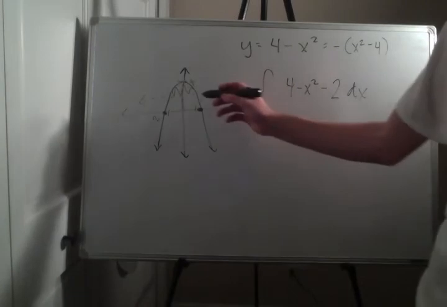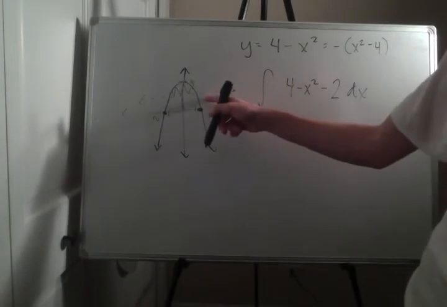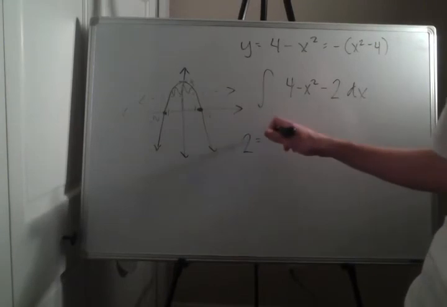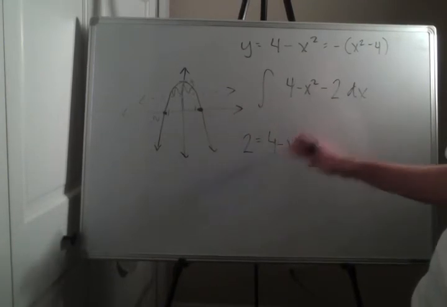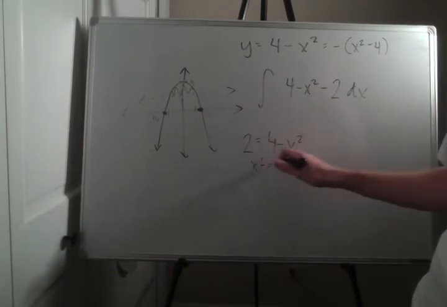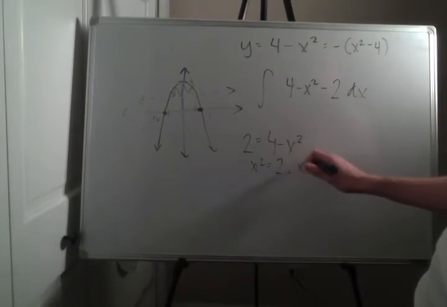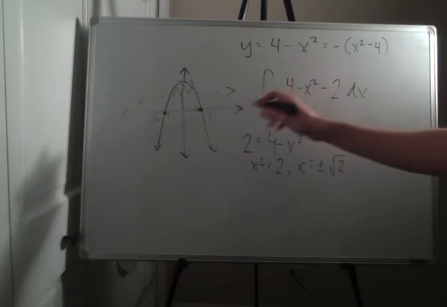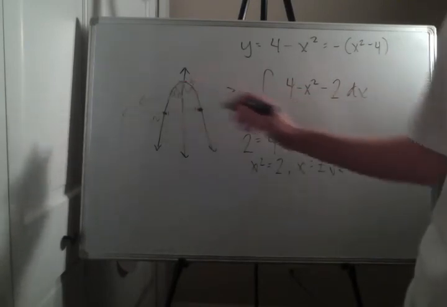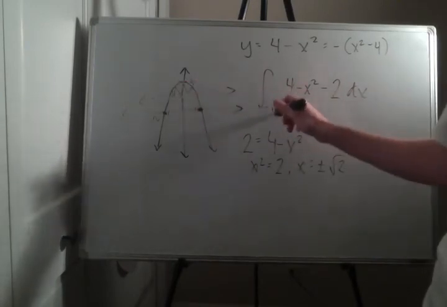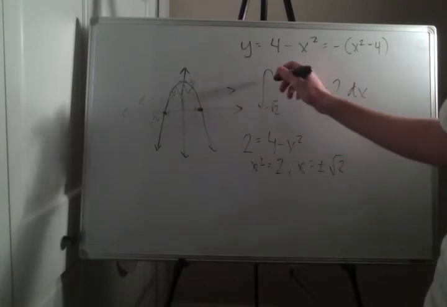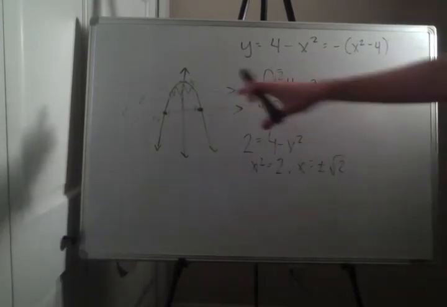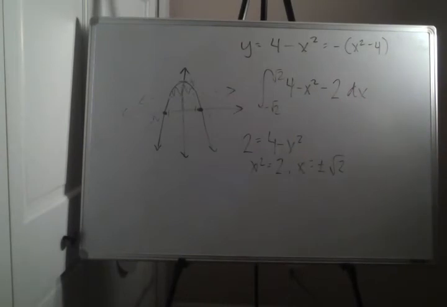If this is at y equals 2, then just plug into the equation: y equals 2 equals 4 minus x squared, so 4 minus 2 is 2, x equals plus or minus square root of 2. Therefore, if this point is at x equals negative root 2, and this point is at x equals positive root 2, there you go. That right there is the integral that will give you that area.